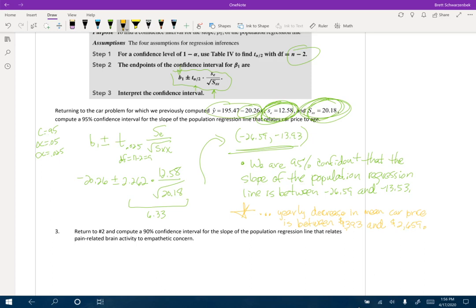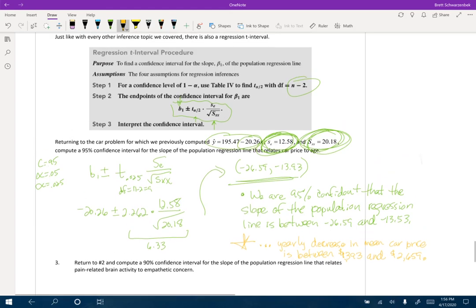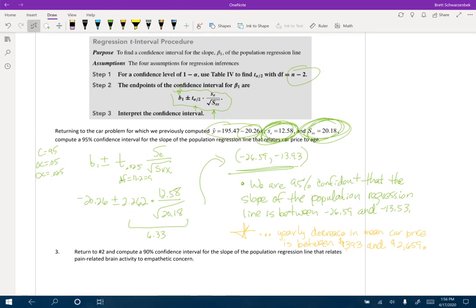If you recall, we had a definition of slope: it was always the change in y per 1 unit change in x.